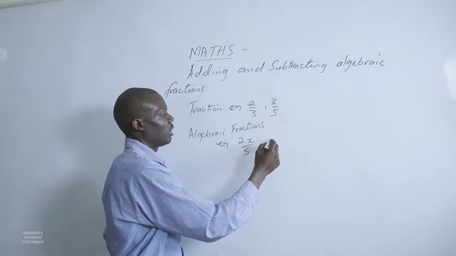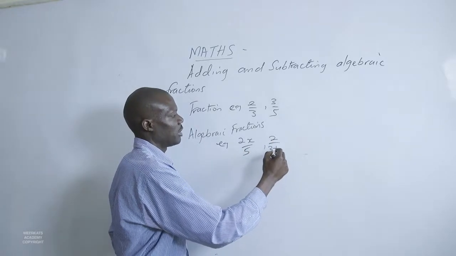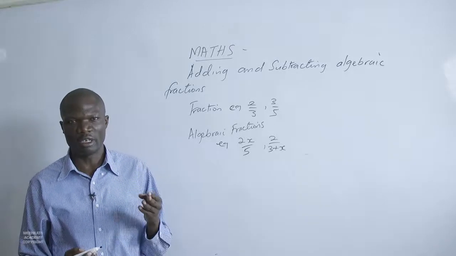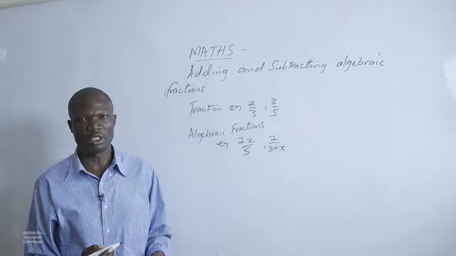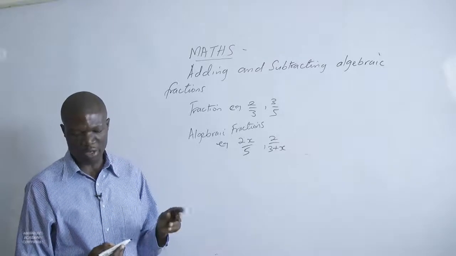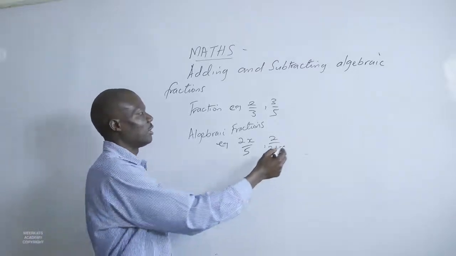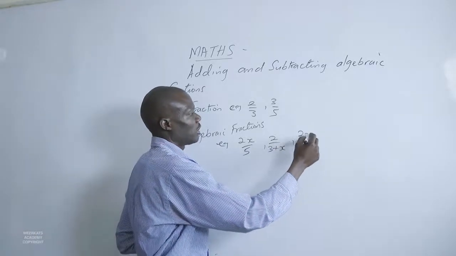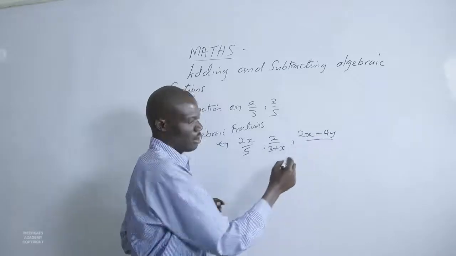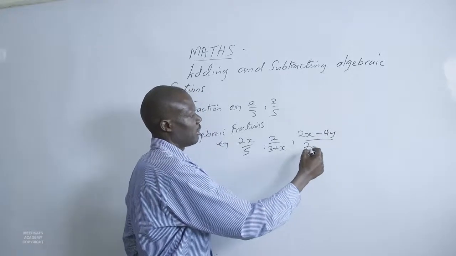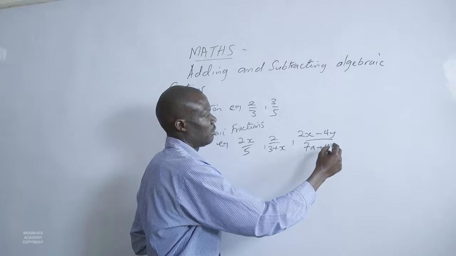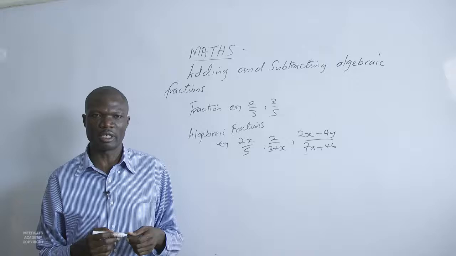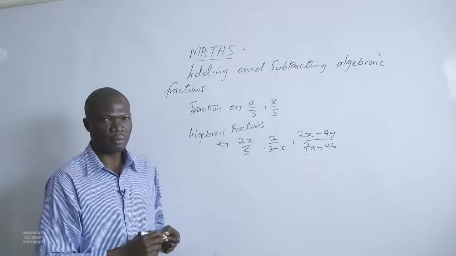We can have 2 over 3 plus x. This is also an algebraic fraction because it has a denominator with a certain pronumeral, and we can also have 2x minus 4y over 7a plus 4b. This is also an algebraic fraction.